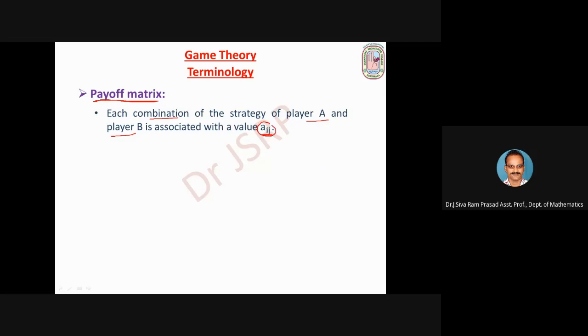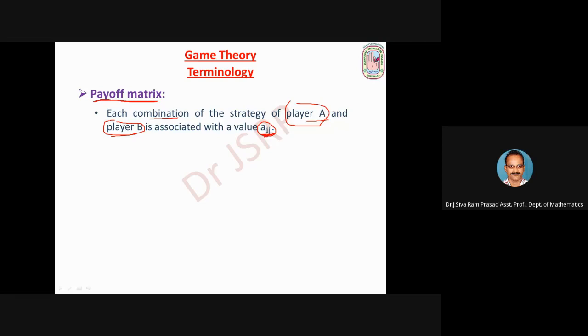Here we consider only games involving two players, by default player A and player B. Each combination of strategies of player A and player B gives an output, the payoff, denoted by Aij.